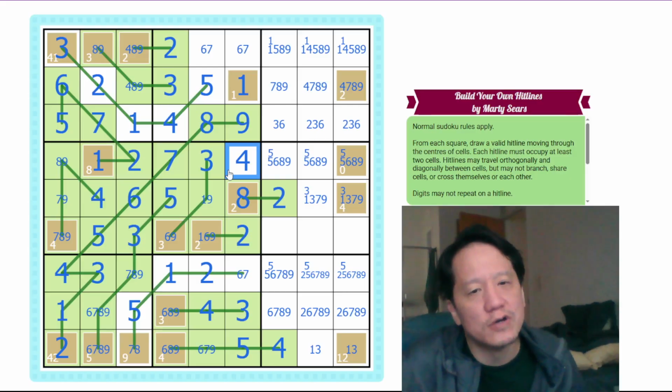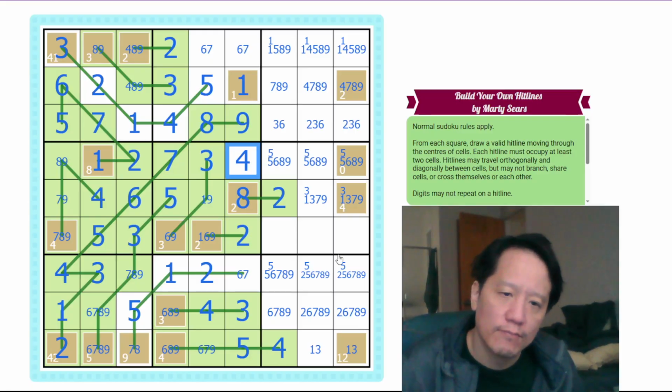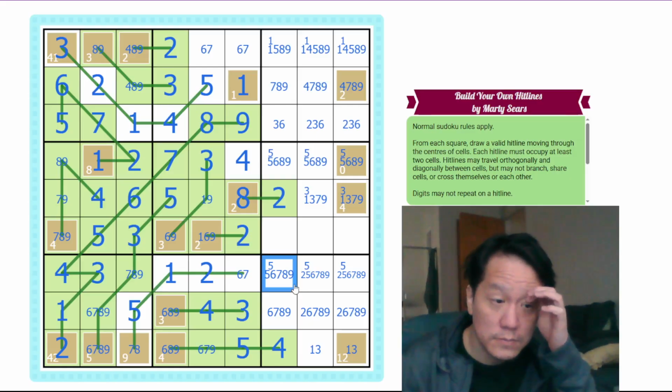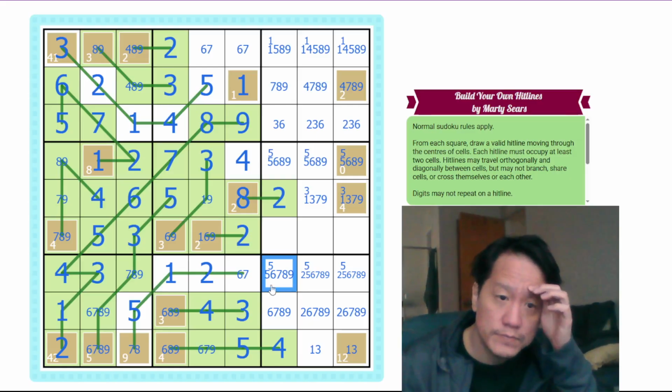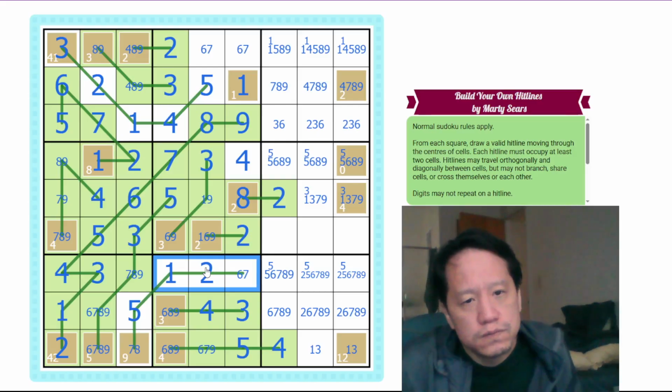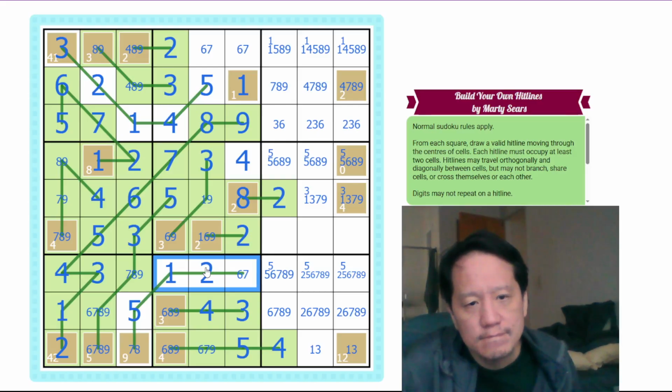Or it could access this 4. Oh, yeah. We need 3 and 4.